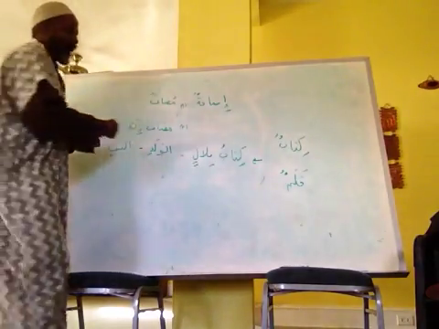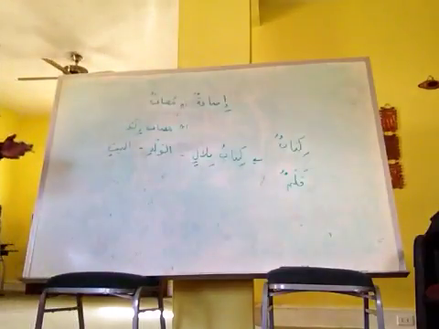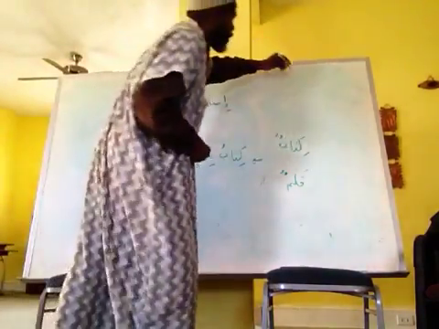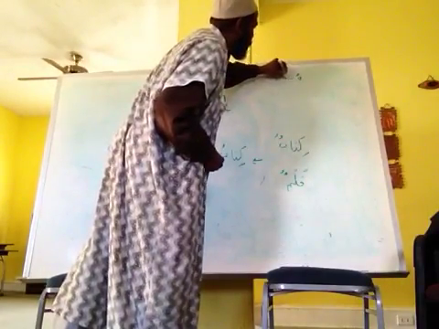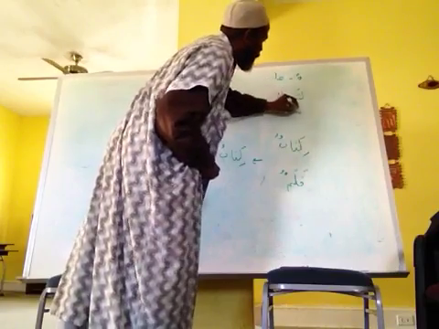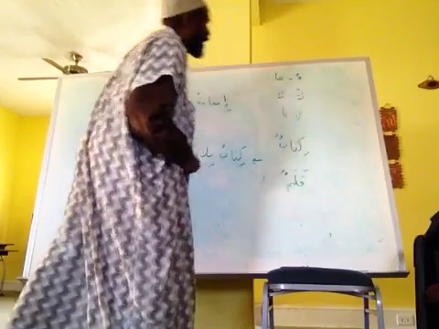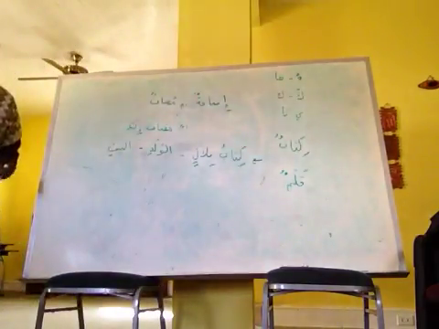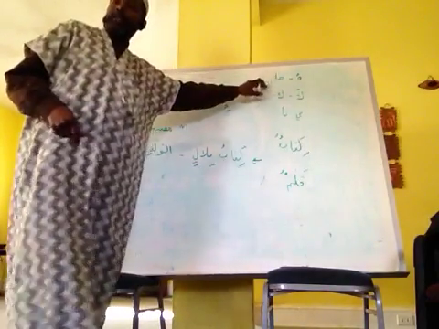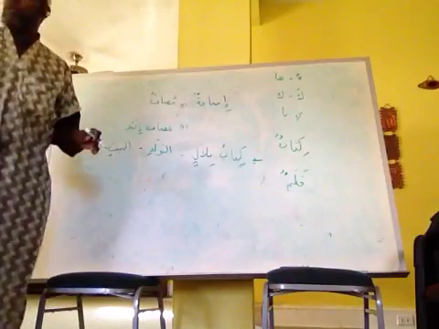So if we already have kitab, we want to attach our pronouns. Just right quick, we know we have hu, ha, ka, ki, ya, and na. We also did the duals and the plurals for those. But minimally, we should at least learn these six, and make sure we learn the duals as well as the plurals.